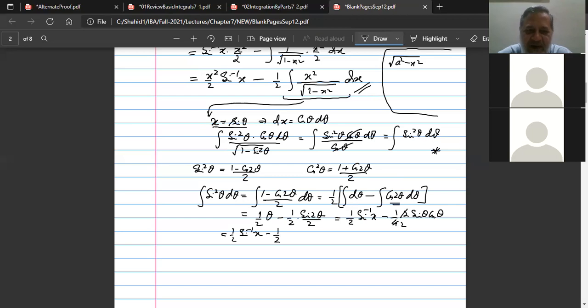Sin theta is written directly as x, whereas cos theta has to be written as the root of 1 minus sin square theta. That makes the integral of sin square theta 1 by 2 sin inverse x minus 1 by 2 into x root 1 minus sin square, and sin square means x square.